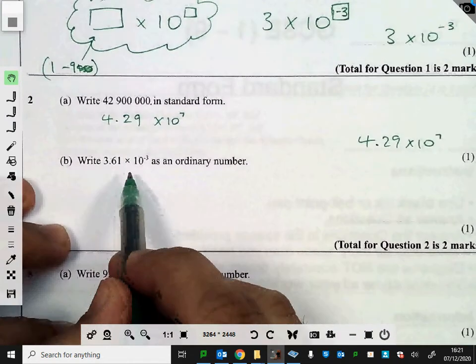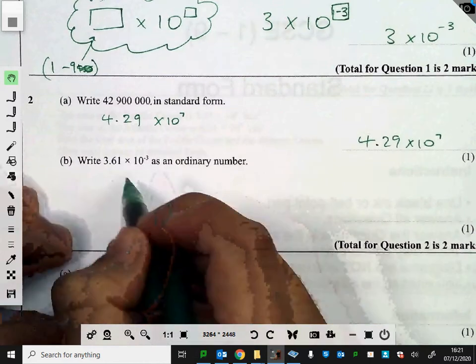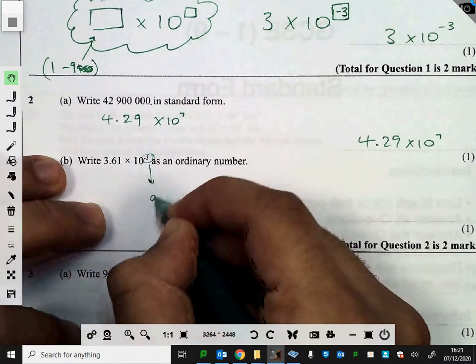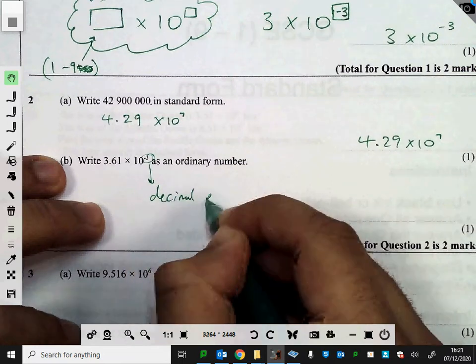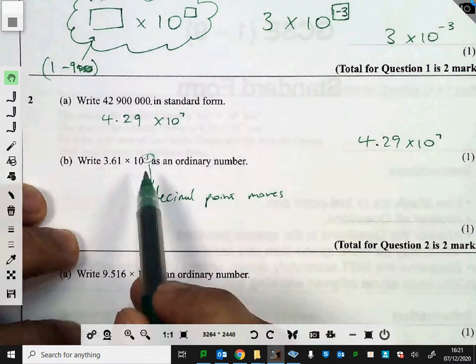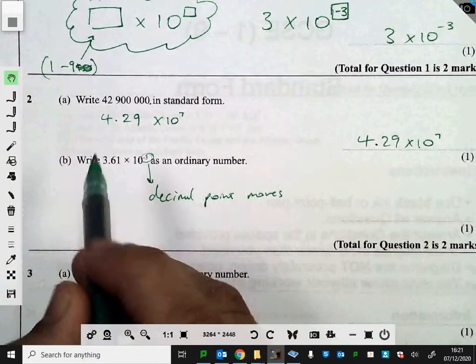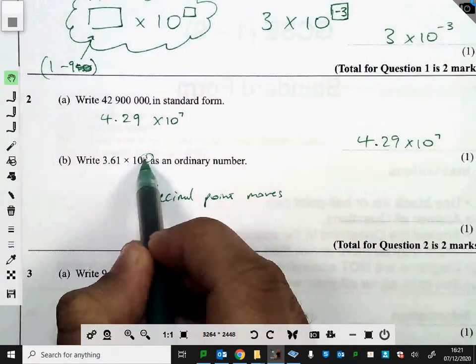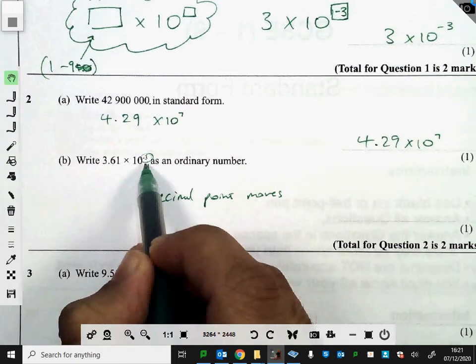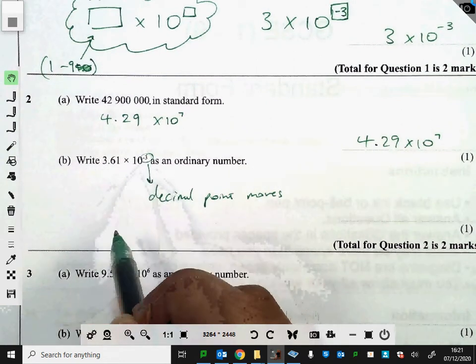3.61 times 10 to the minus 3 is an ordinary number. So this means the decimal point moves, and it's going to move how many places? To the left or to the right is the question. Well, if it's a minus power, then I'm moving the decimal point to the left because the number's getting smaller, and it's moving 3 times to the left.